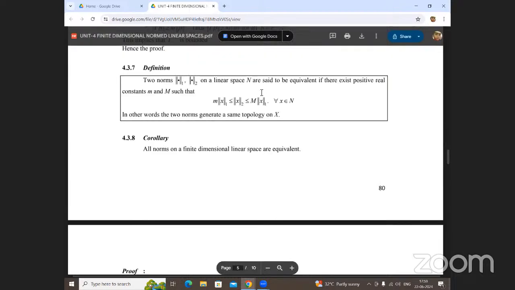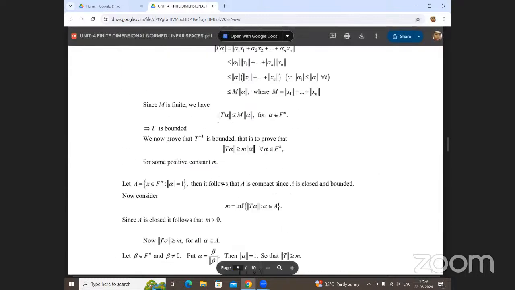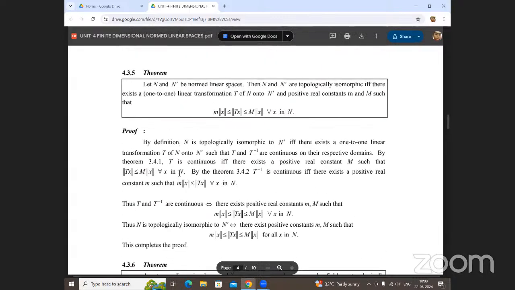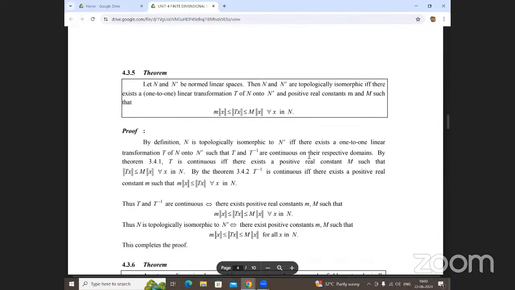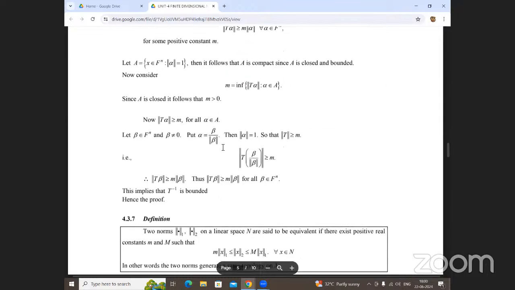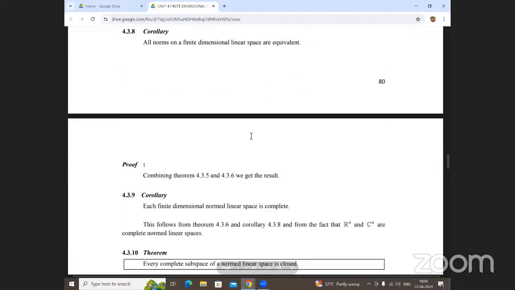So from the above definition, combining the theorems 4.3.5 and 4.3.6, these two theorems are involved in the statement. Suppose in the examination it is given: prove that all norms on a finite dimensional linear space are equivalent. It means the above two theorems, through this definition, give the proof. Please present the proof.